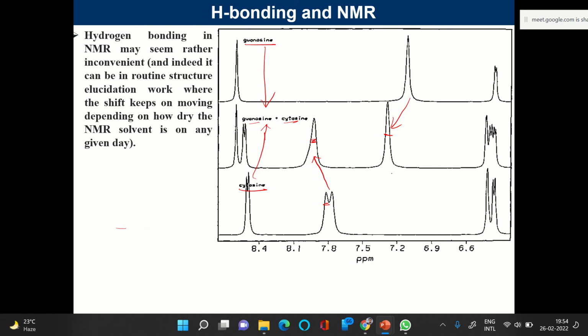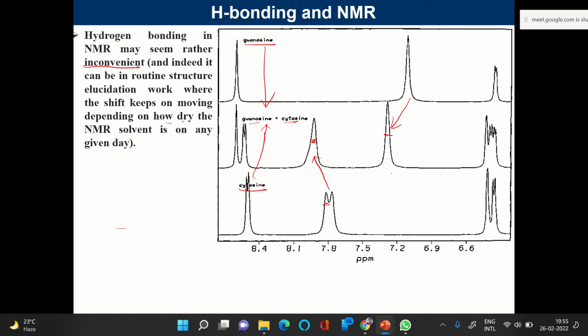Whenever hydrogen bonding occurs, in many cases it also becomes inconvenient, because you cannot predict how much the shift will be. It depends on the amount of water present, or the solvent which can do this kind of hydrogen bonding. You can have a variable shift in the spectrum.